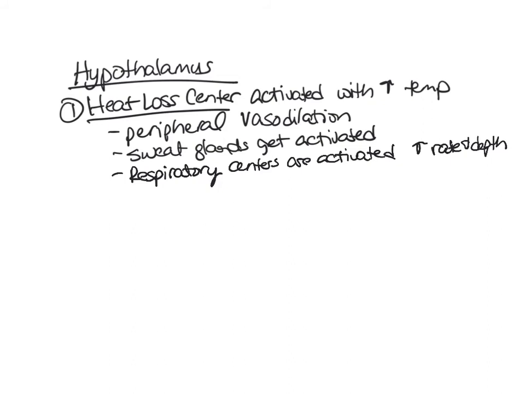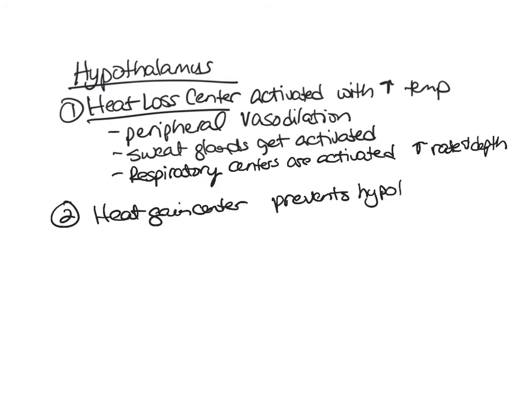Also in the hypothalamus, you have the heat gain center. The heat gain center prevents hypothermia. It's activated when the temperature is below acceptable levels. So it gets activated with decreased temperatures, if your temperature drops below the set point.